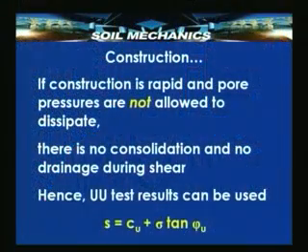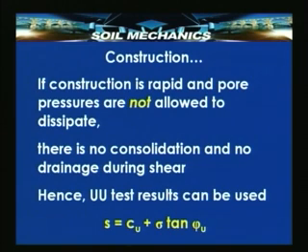That is, shear strength of this soil will be c' plus sigma' tan phi' along any particular plane. If we now consider the case of construction being done rapidly, then pore pressures are generated and are not allowed to dissipate. There is therefore no consolidation and no drainage during shear.